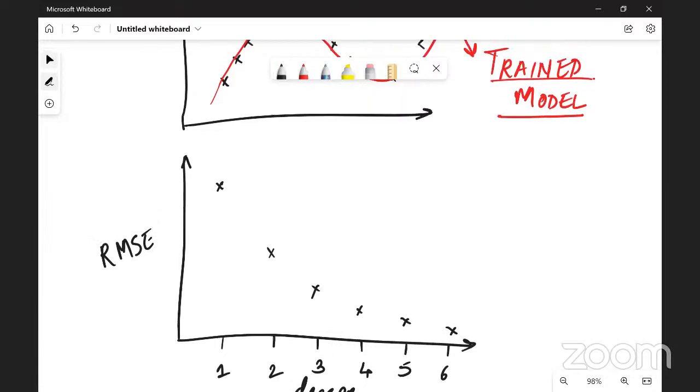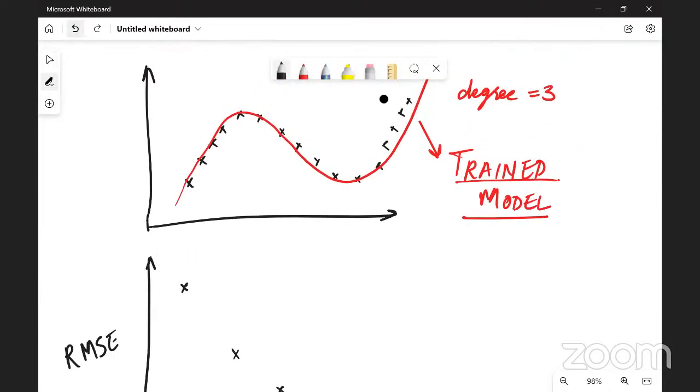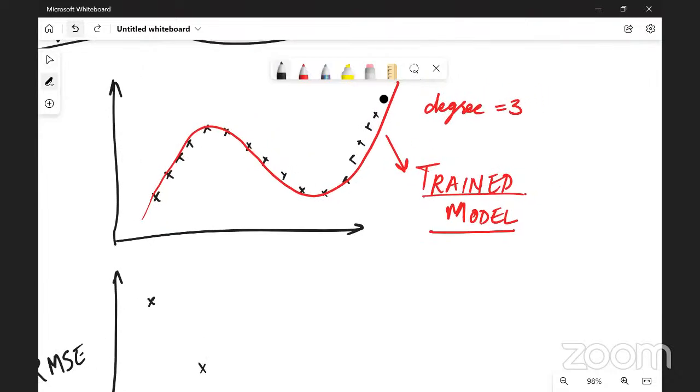Because if we talk about only this data set itself, if a degree 3 polynomial is doing this, and I fit a degree 6 polynomial, it is going to do a similar fit or even better because it has more complexity. In some places it will reduce the error even further.